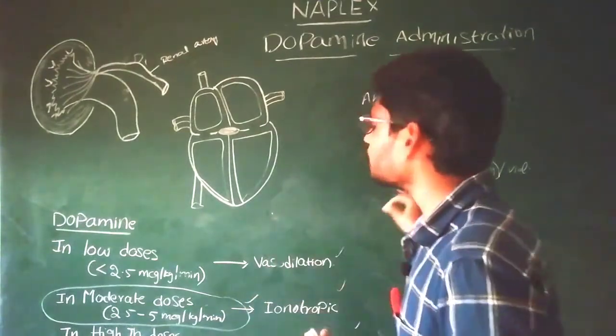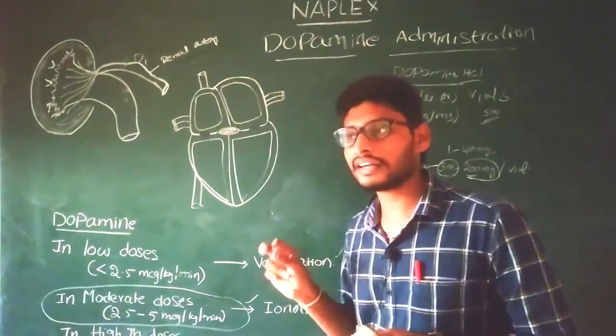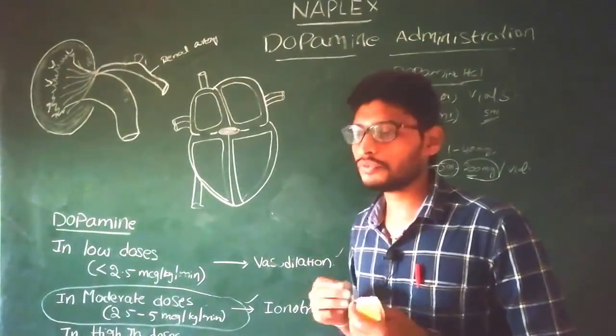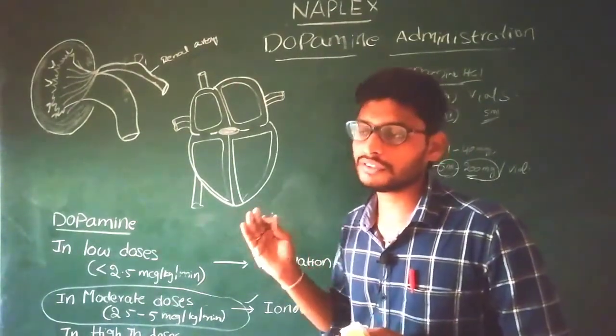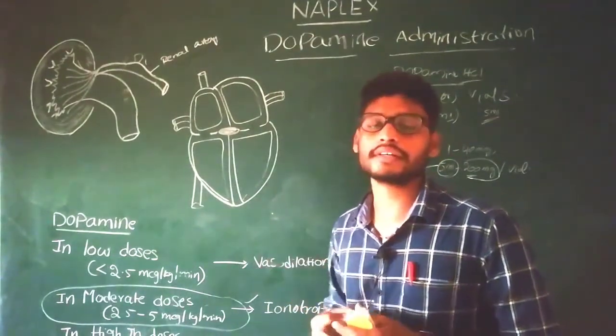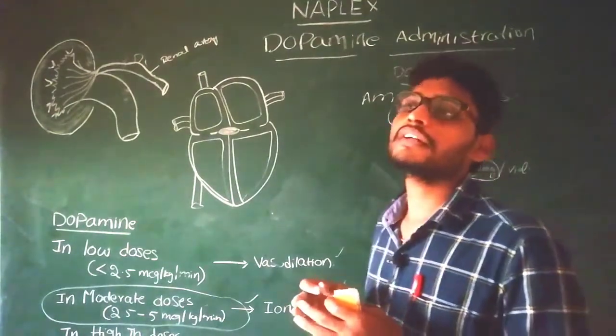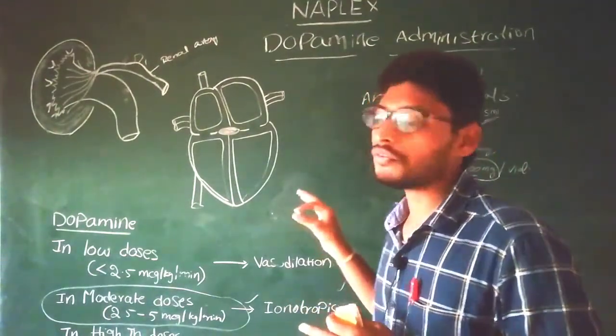By using the infusion meter, we are going to set the precise rate of flow. Before this we have to dilute it with either normal saline, 5% dextrose, or Ringer lactate solution. You have to be cautious while diluting the concentrate of dopamine.